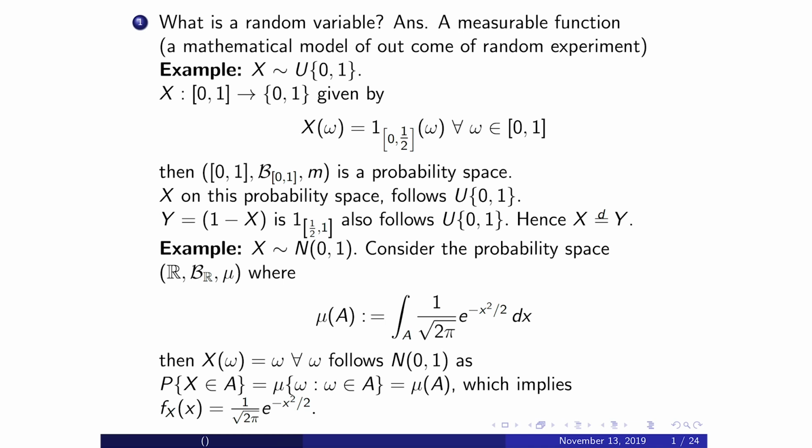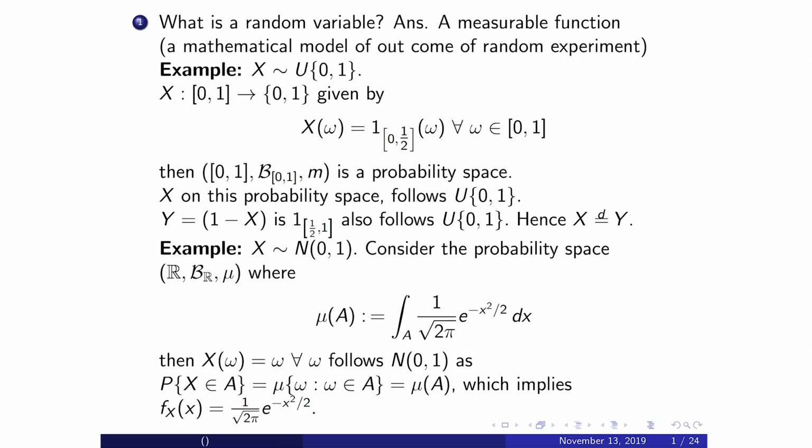Okay, so let me open the first slide. In the first slide, we are going to see what we mean by random variable. That is the first thing we start with in a course in probability theory. So, what is a random variable? When we ask this question in a statistics course, the answer is: result of a random experiment, outcome of a random experiment.